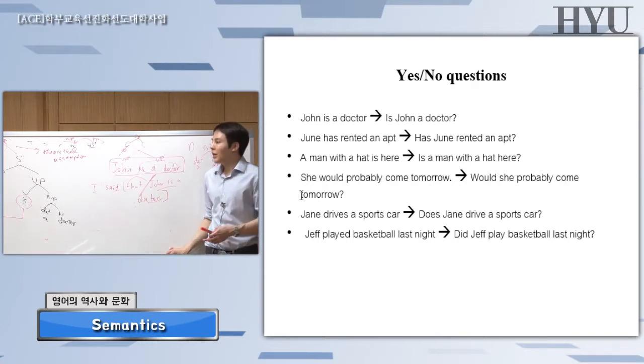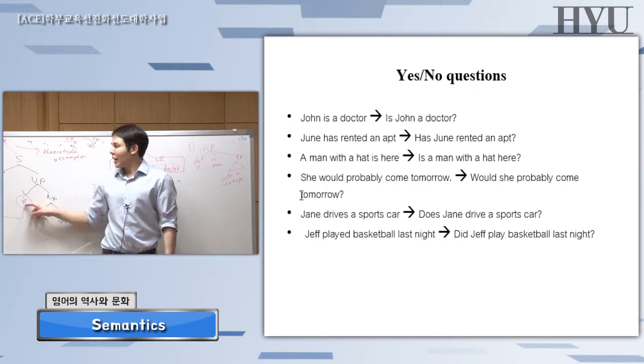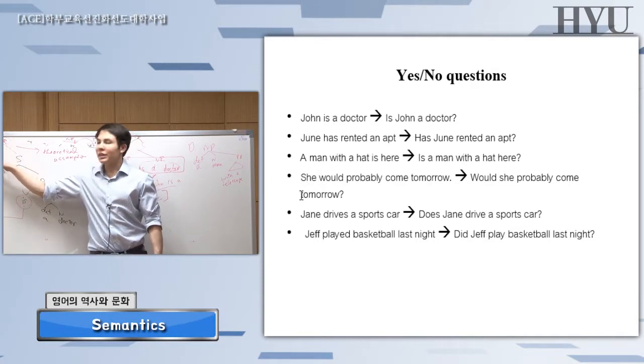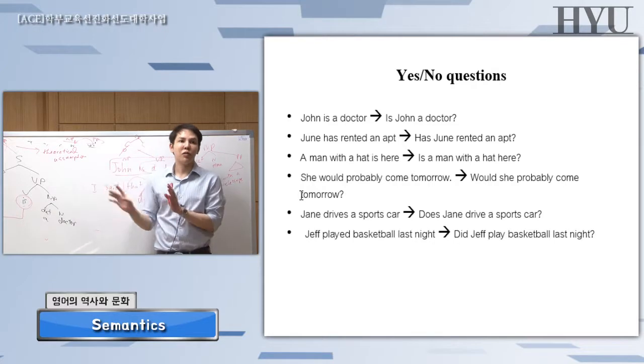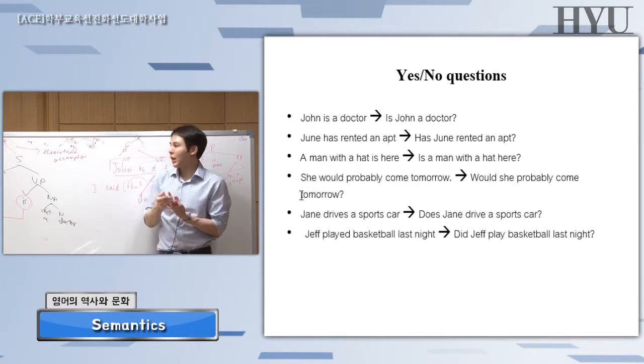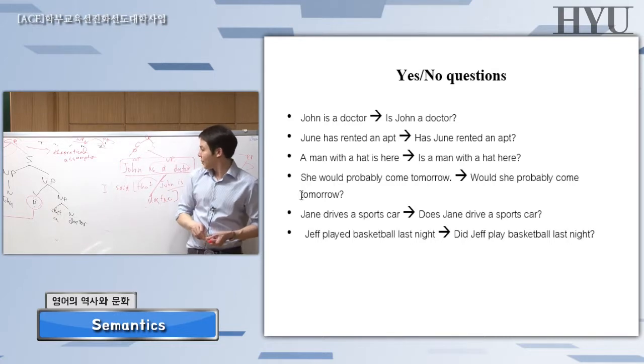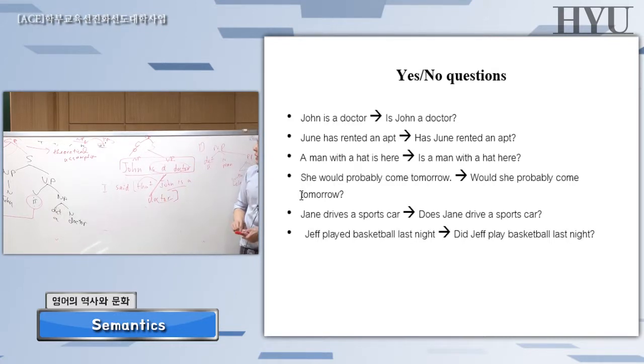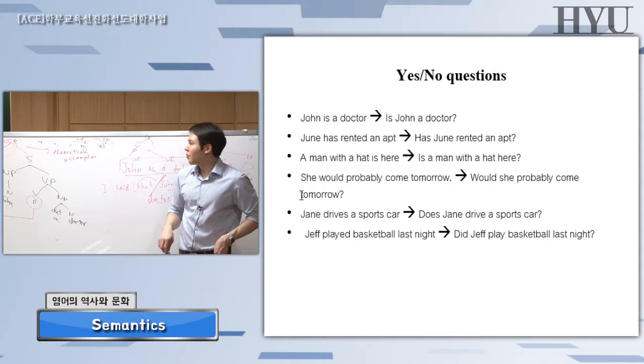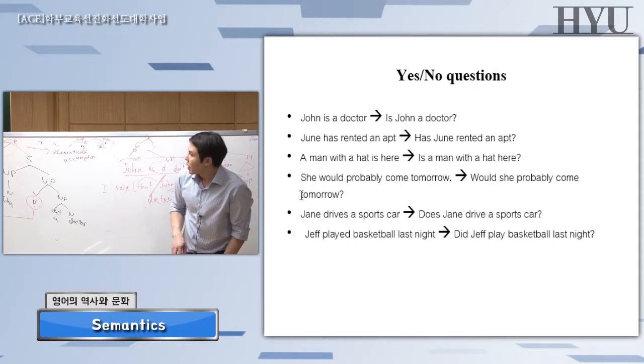So when we make it into a question, then this CP and the C could be the landing site for the word is that moves to the front like that, okay? So we can make use of the CP, right? And let's see, what else?